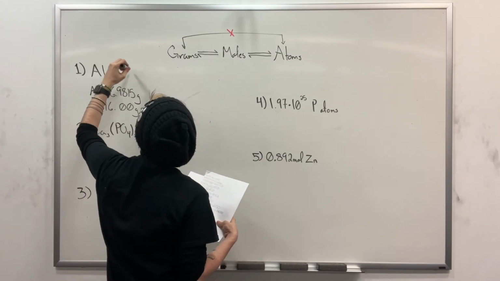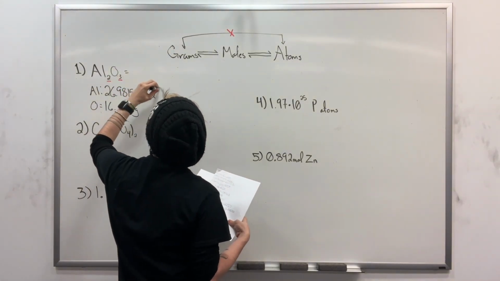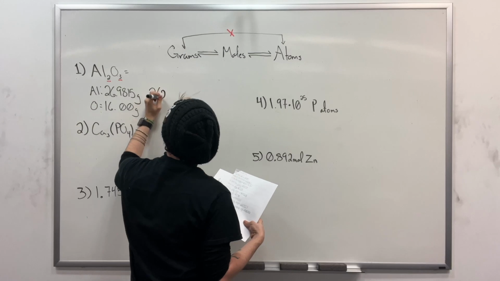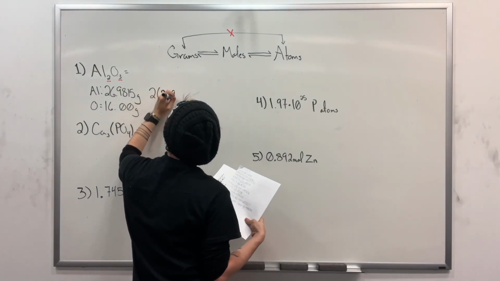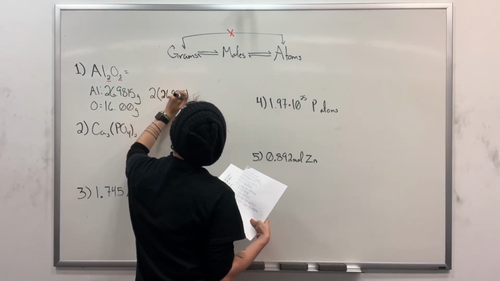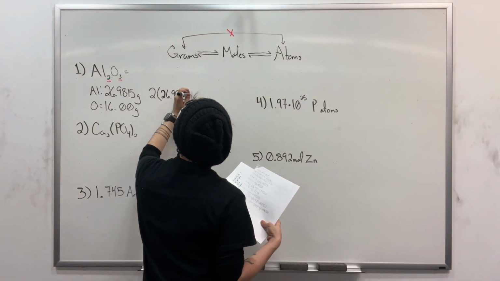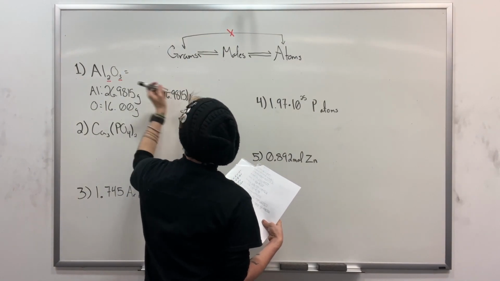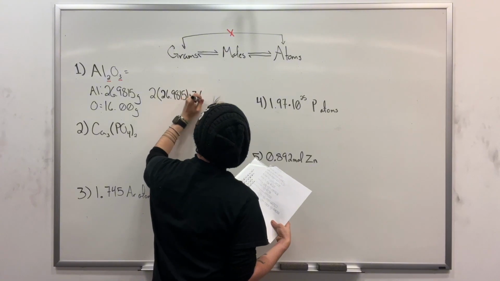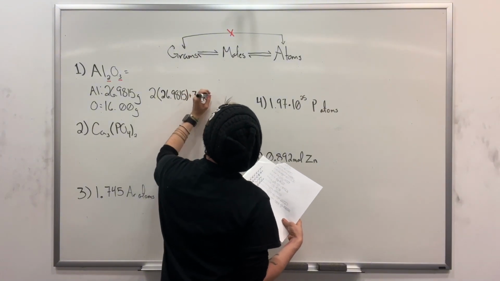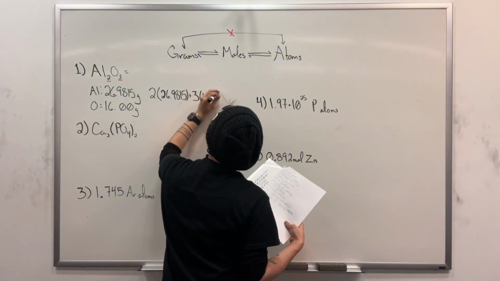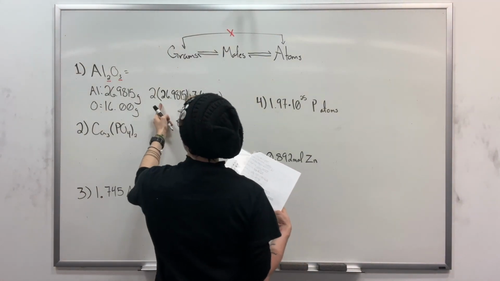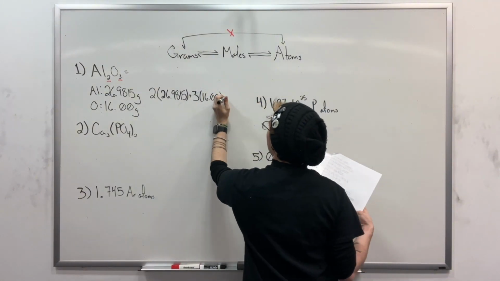So we have 2 moles of aluminum, so we're going to do 2 times 26.9815. We're going to add that to the 3 moles of oxygen we have times 16. So 2 moles of aluminum, 3 moles of oxygen.